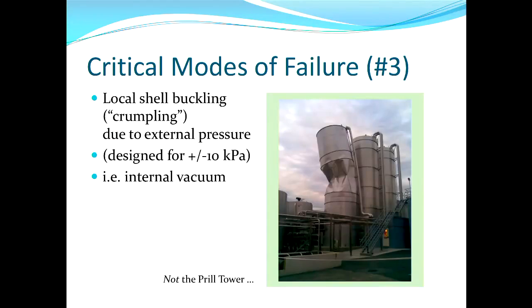Failure mode 3 is a very interesting one structurally. We're talking about a pressure vessel here, and the prill tower was designed as a pressure vessel to cope with very small pressures, plus or minus 10 kilopascals, so 1/10 of an atmosphere. But it's the minus 10 kPa that causes the real challenge.